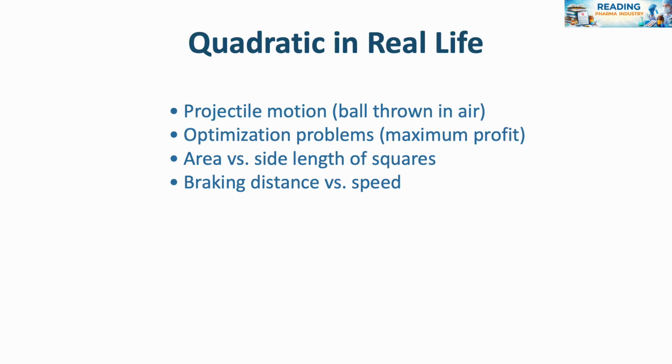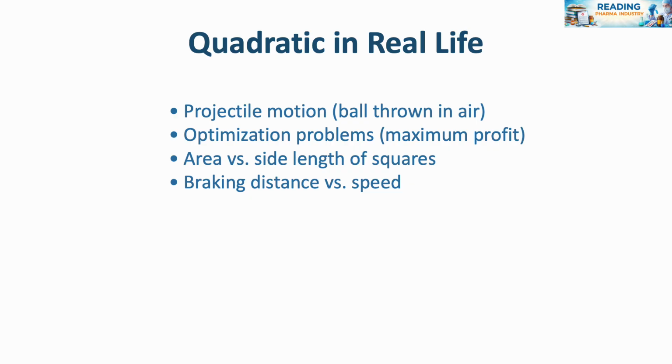Quadratics appear everywhere in science and engineering. For example, in projectile motion. When a ball is thrown in the air, it follows a parabola, as mentioned in the previous introduction to this model. Another example is optimization problems, finding maximum profit or minimum cost, and also in machine learning applications.